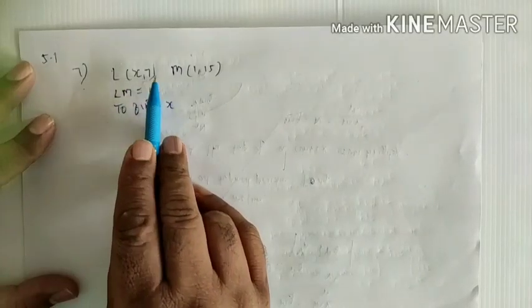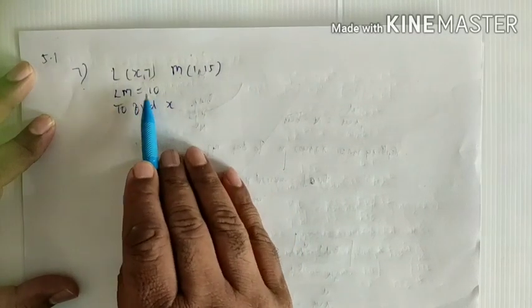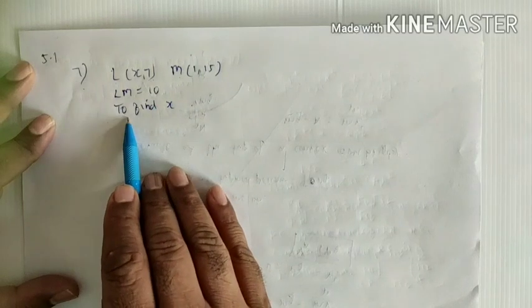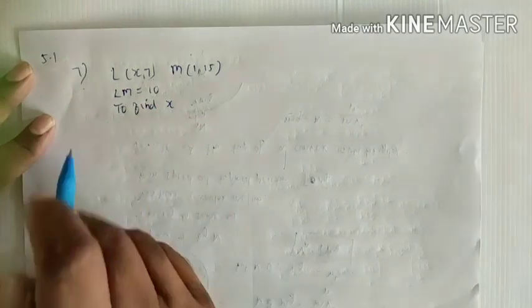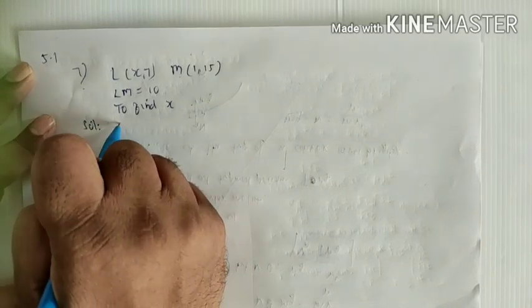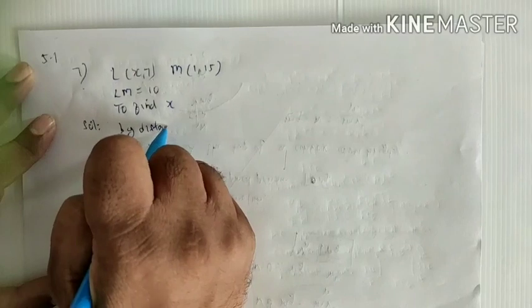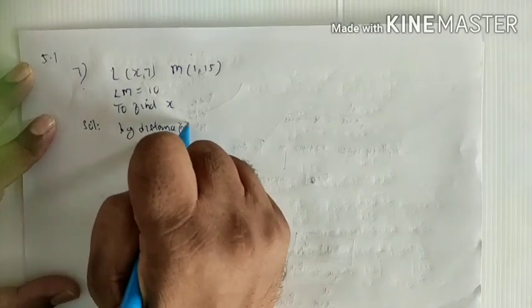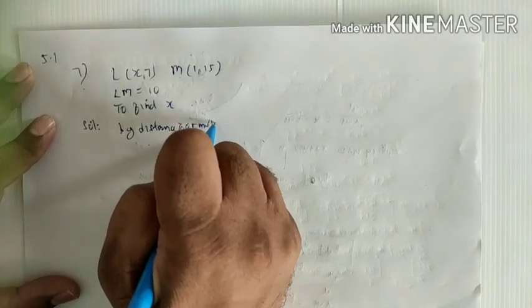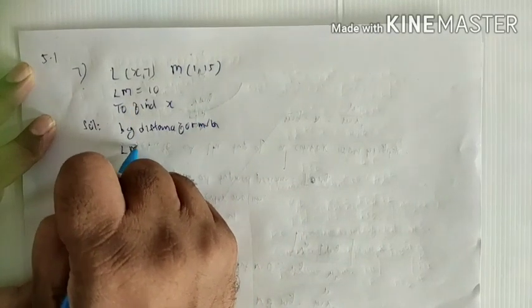L is (x, 7), coordinates of point M are (1, 15), and the distance LM is given equal to 10. Our question is to find x. Now see, in the solution, by distance formula, what is LM equal to?